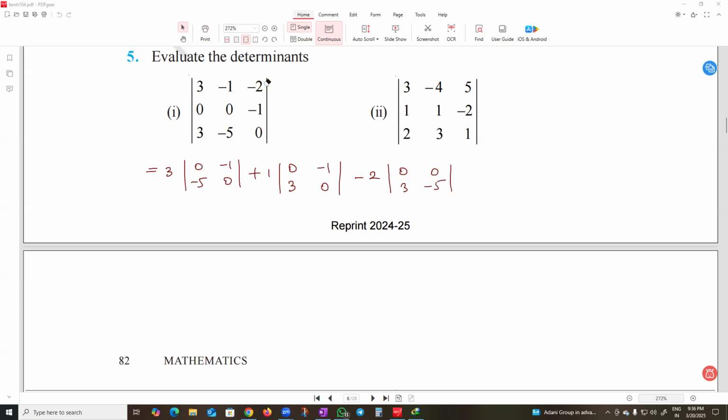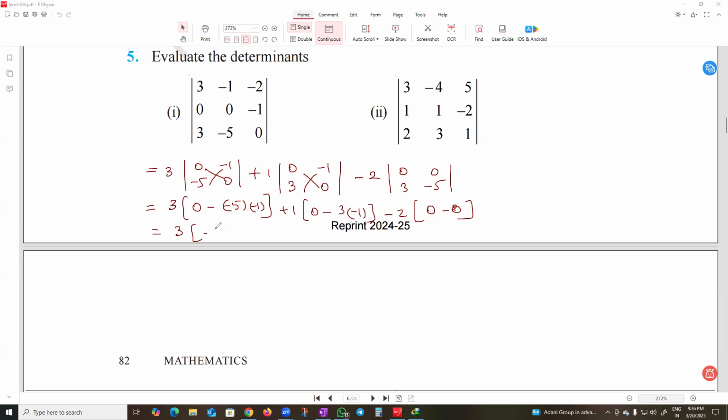Any doubts in this determinant procedure? Understood? So 3 times, you can perform a 2 by 2 matrix determinant: 0 into 0, 0 minus 5 into minus 1. And then later 1 into 0 into 0, 0 minus 3 into minus 1. And then minus 2 of 0 into minus 5, 0 minus 3 into 0, again 0.